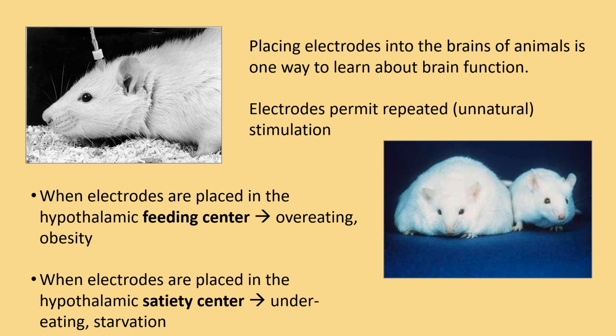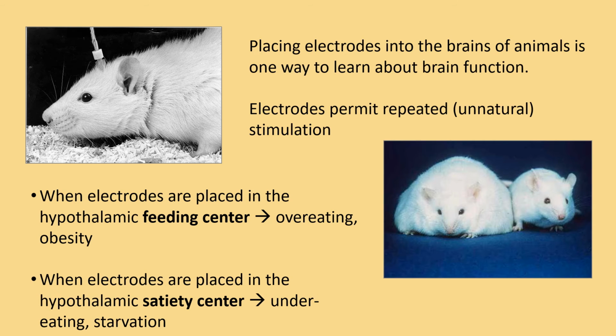Here's an interesting technique for understanding the functions of brain regions. In this technique, we use model organisms. You're looking at mice here because this would be unethical and impractical to perform in humans.